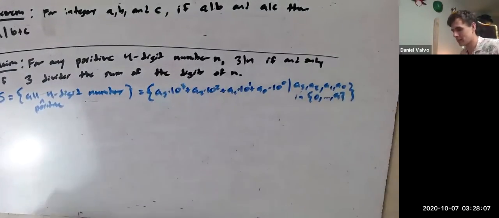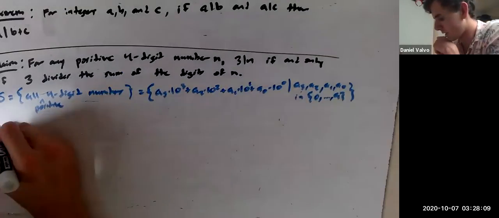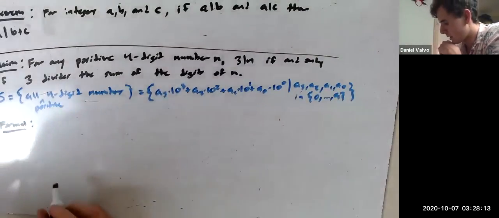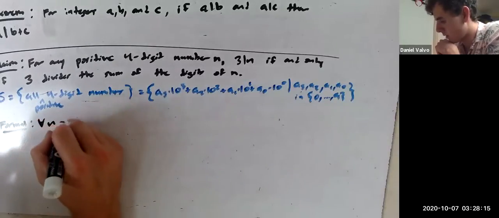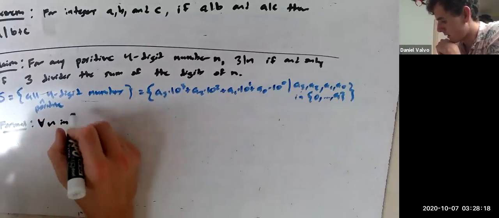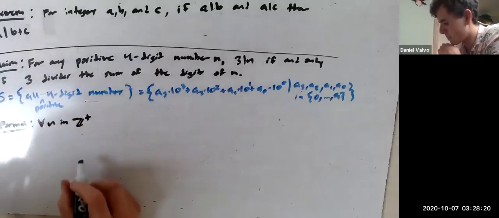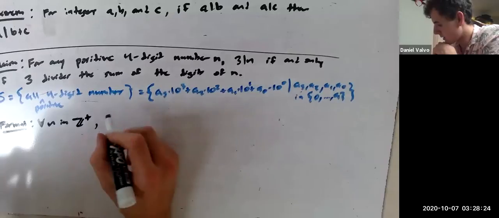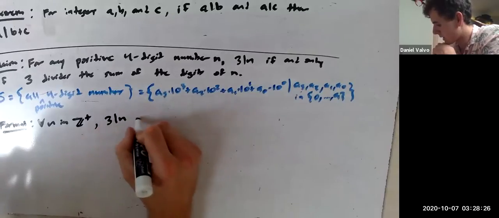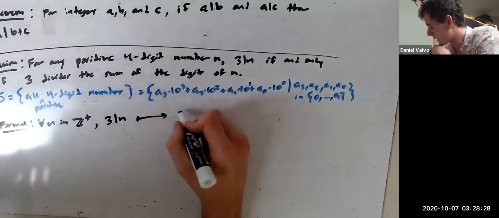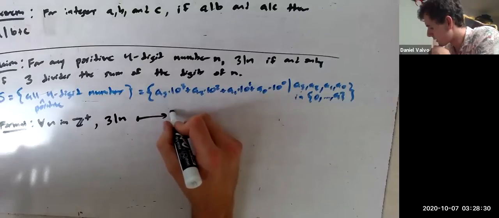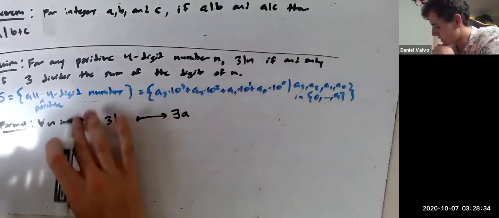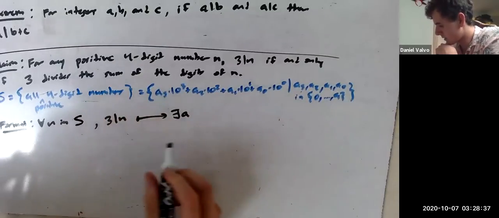That's your set S. And so the formal way to write this claim is for all n in Z positive, that's just going to be the positive integers, 3 divides n if and only if, actually I'll just say S. There you go.